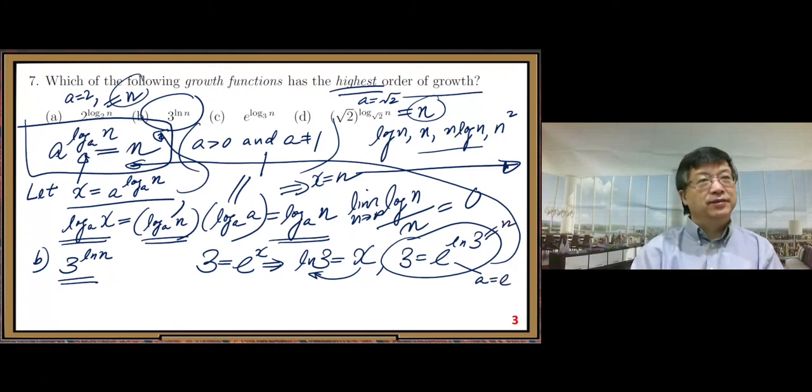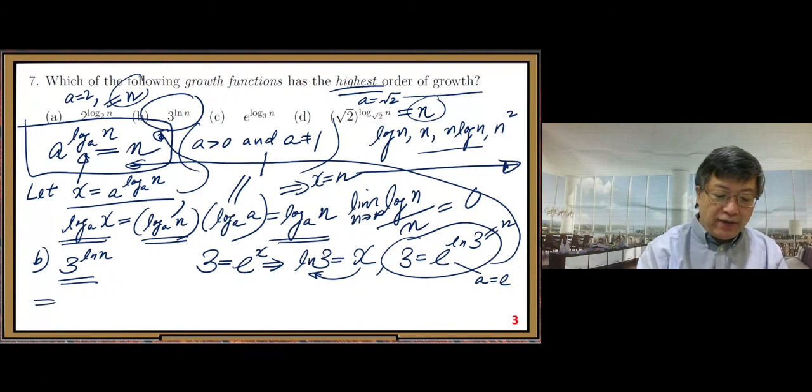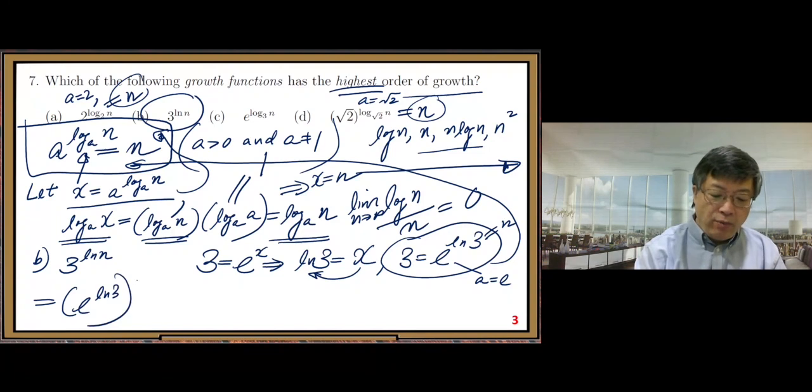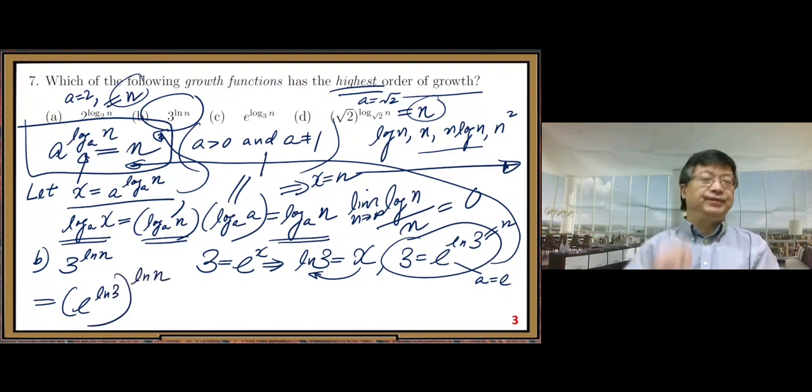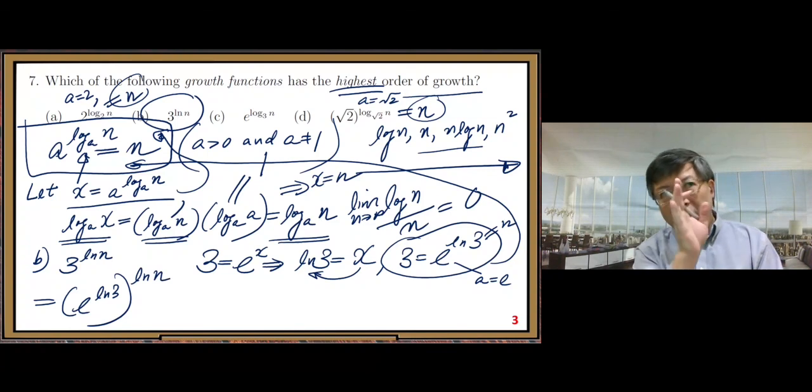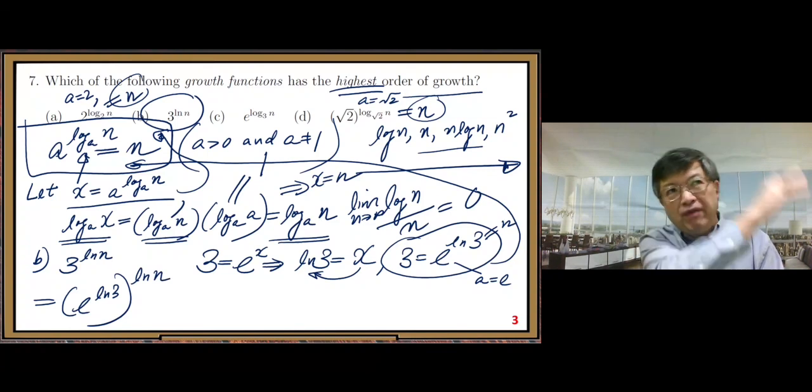Now we can write 3 to the natural log of n. This time we replace 3 by e to the natural log of 3, whole parenthesis, to the natural log of n. A little more complicated, but we will quickly simplify it.